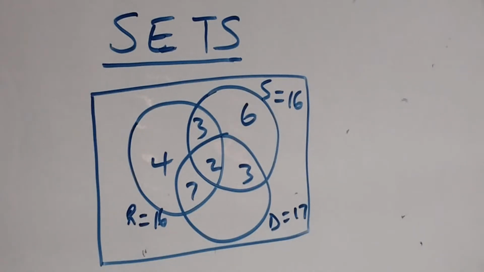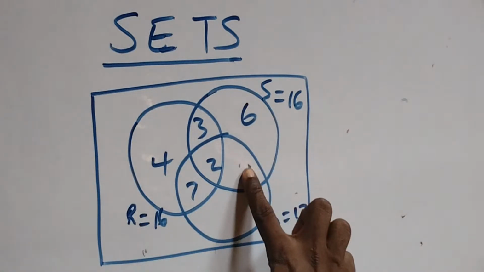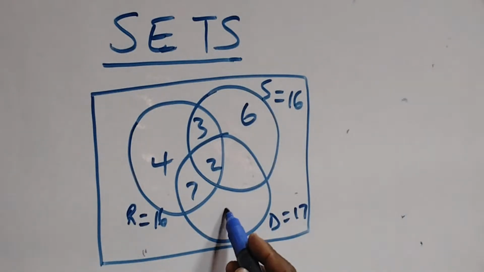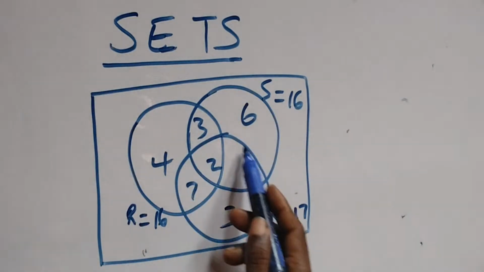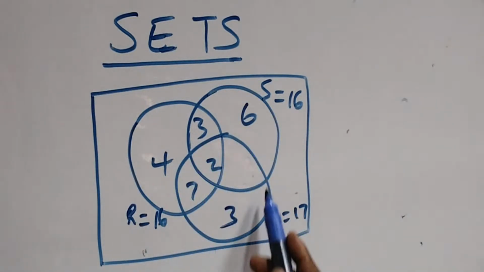Okay, this three is here. This is the circle for dancing, and this is the circle for swimming.